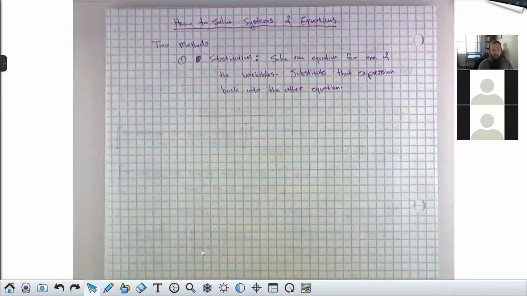The result of this process, say you solve the first equation for y, and you get y equals some mess of things involving x. Then you take that and you substitute it in for y in the other equation. What that means is that your second equation now only has one variable.